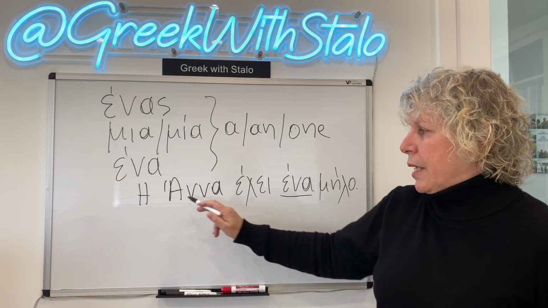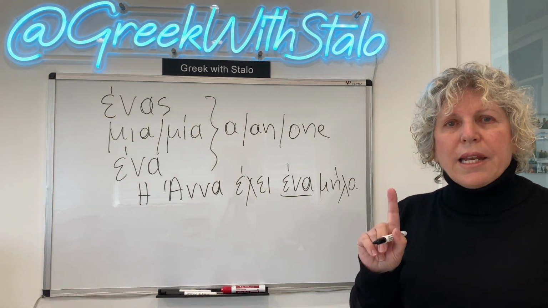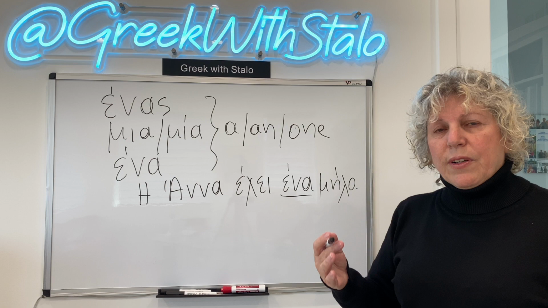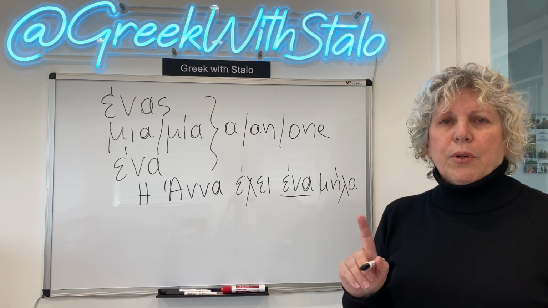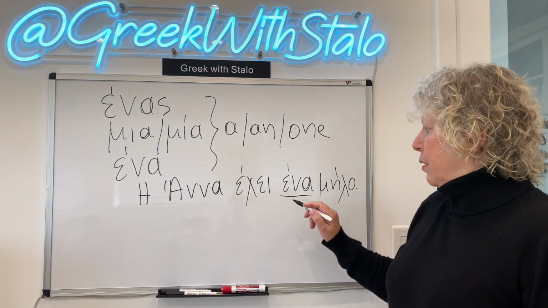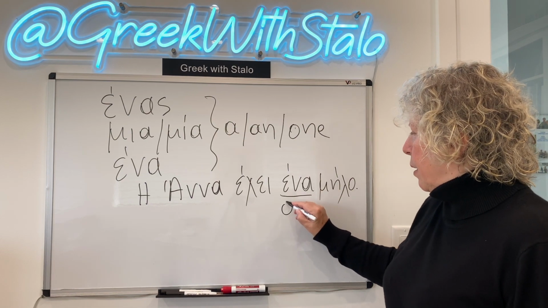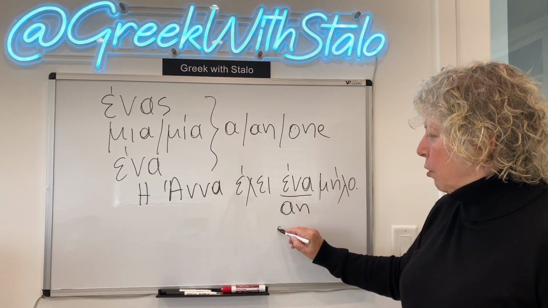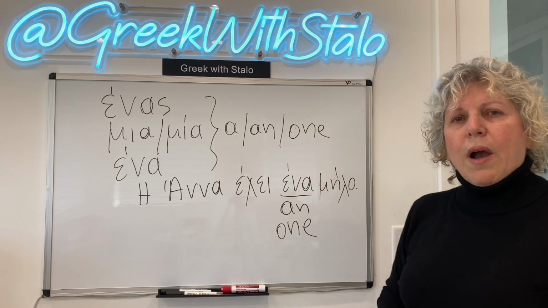So if we say η Άννα έχει ένα μήλο, then we emphasize that it's just one apple, not two or more. So this can be an apple or one apple.